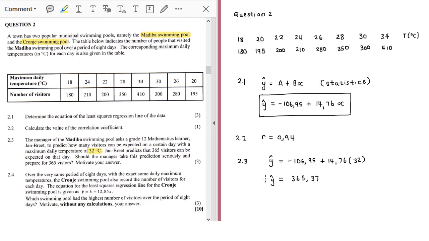We can then conclude that because this is talking about visitors, we would have to round this off, which is therefore 365 visitors to be expected.